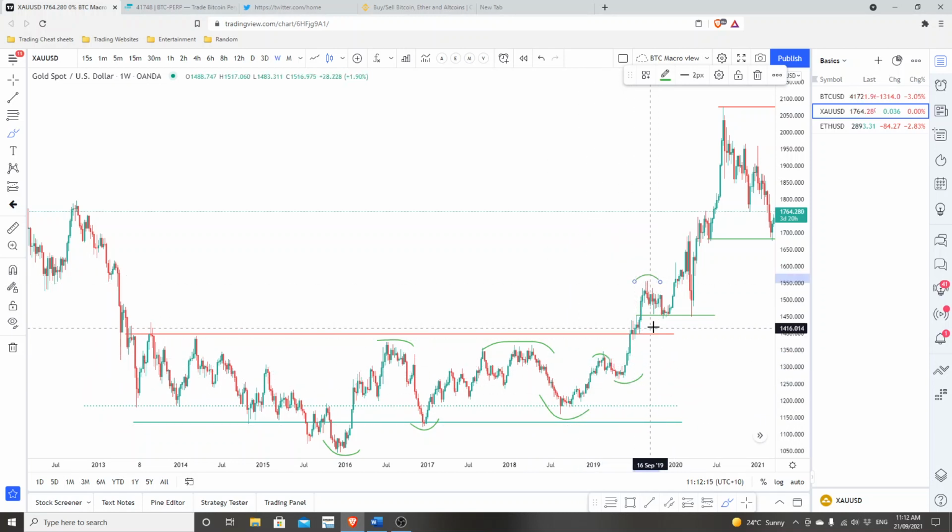That's now your swing high. That's now your swing low. Swing high, swing low. And now you can tell you're in an uptrend because you're getting higher lows, higher low, higher low, higher low, and you're getting higher highs, a high, a higher high, higher high.